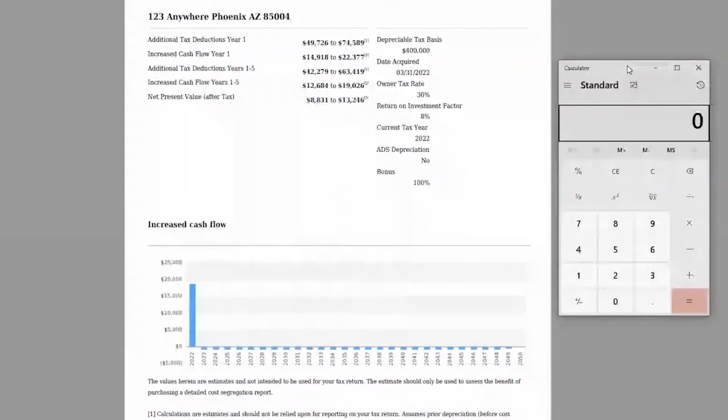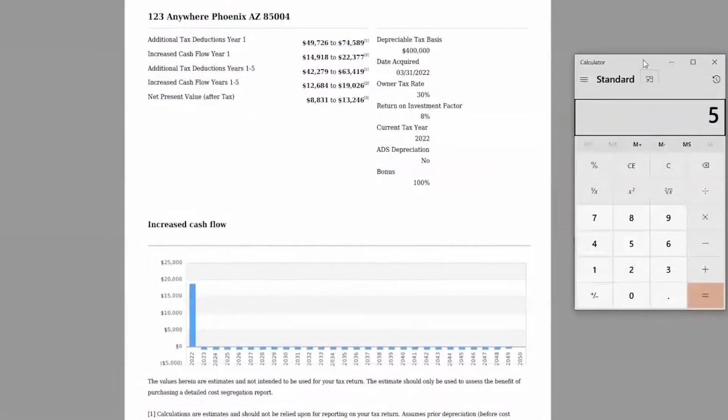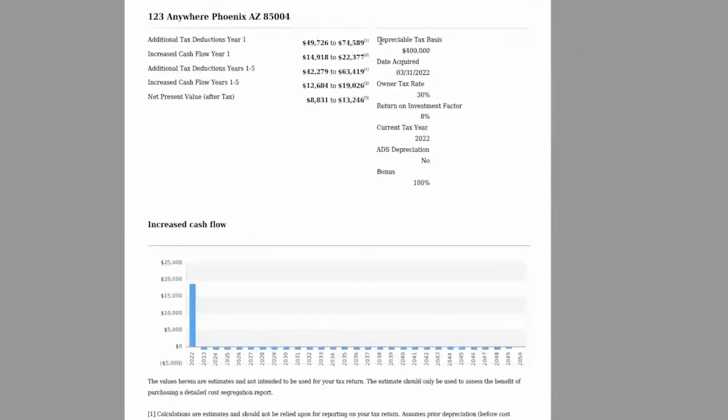So of your depreciable tax basis, you're looking at additional first-year deductions of 12.5% to 19% roughly. Okay, so you're looking at additional first year deductions somewhere in that range. Now, I will tell you, in my experience, they tend to be closer to the higher part of this range. All right, but this is again a conservative estimate of what you could expect.